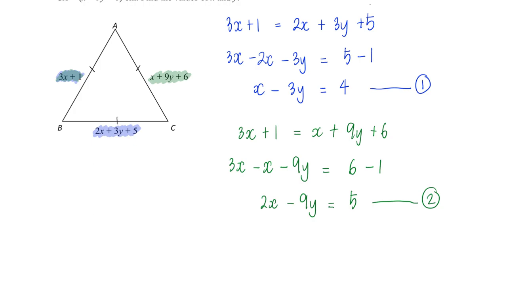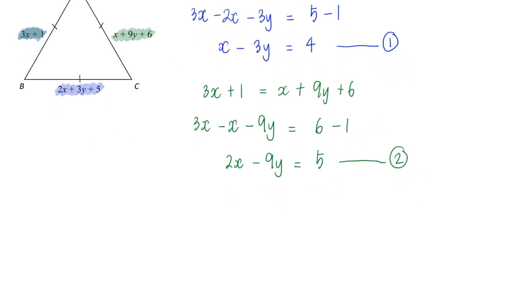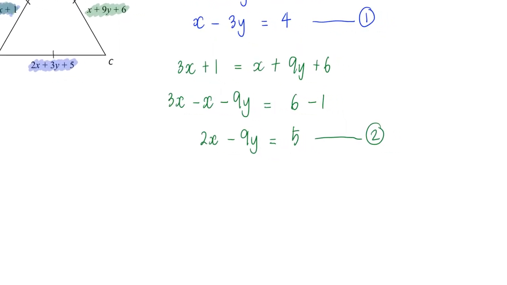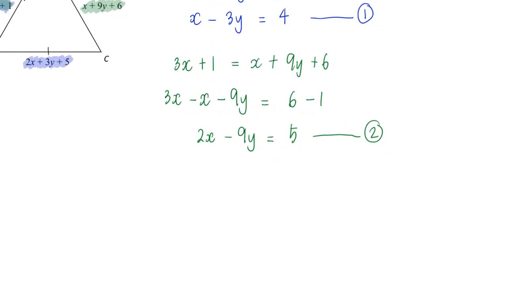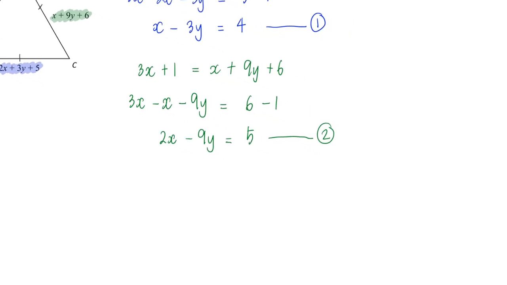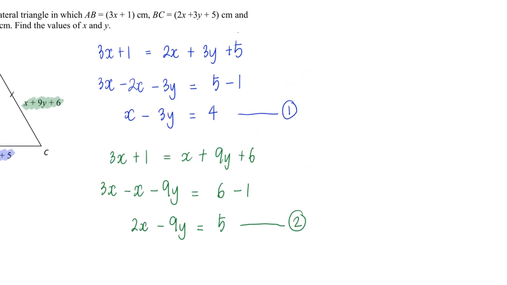For this particular question, when I solve these two equations, I'm going to use the substitution method. So from equation 1, I'm going to write it here so that it's easier for us to see.